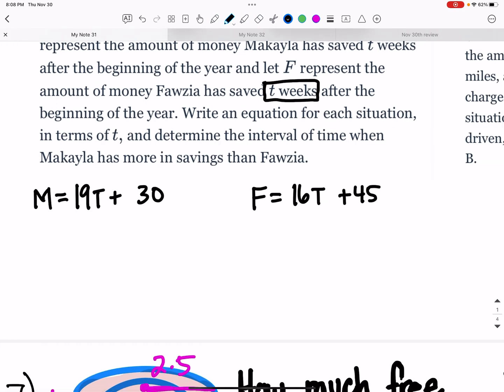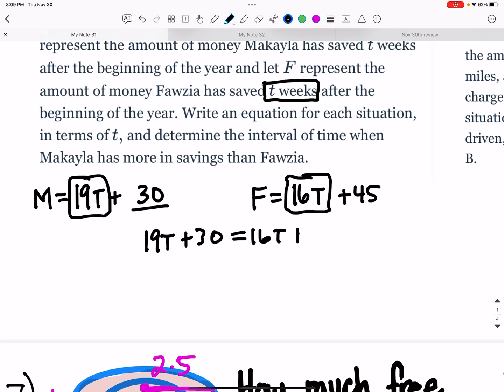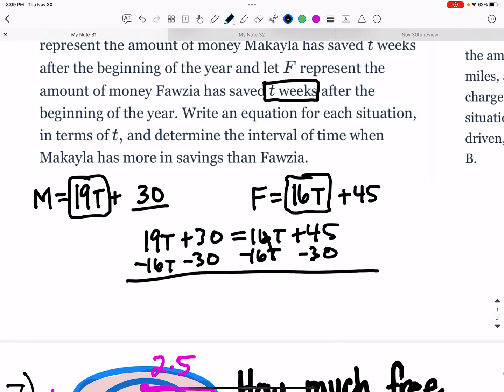Determine when Michaela has more in savings. Right now Michaela does not have more in savings. She's got 30, but she's saving more every week, so eventually her 19 a week versus 16 is going to catch up and pass her. Let's see when they're equal: 19T plus 30 equals 16T plus 45. Subtract 16T and subtract 30, and 15 equals 3T.